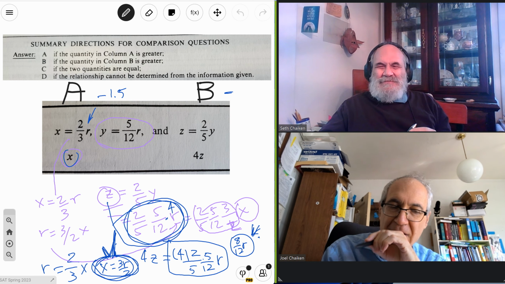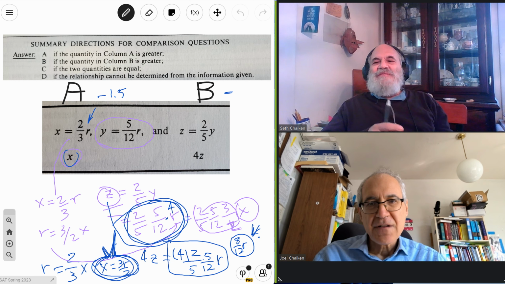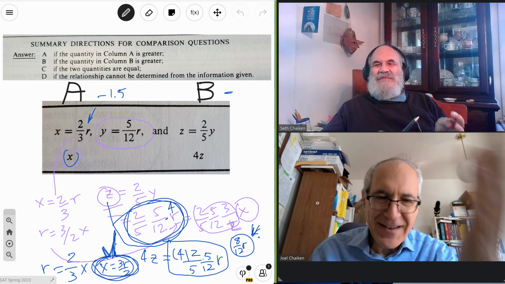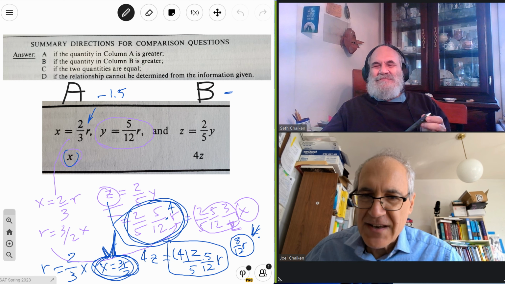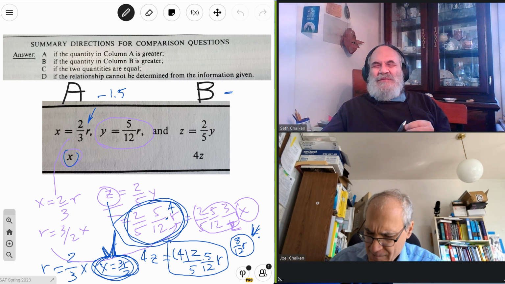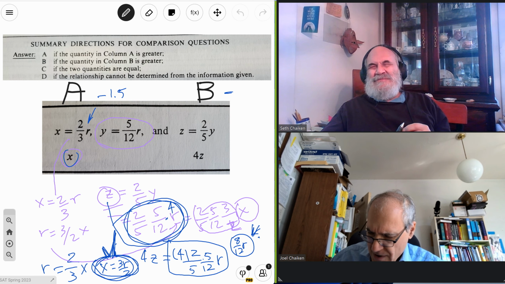No, if R is negative, then it flips. If R is 0, then they're equal. If R is negative, the sign goes one way, and if R is positive, it goes the other way. Wow.